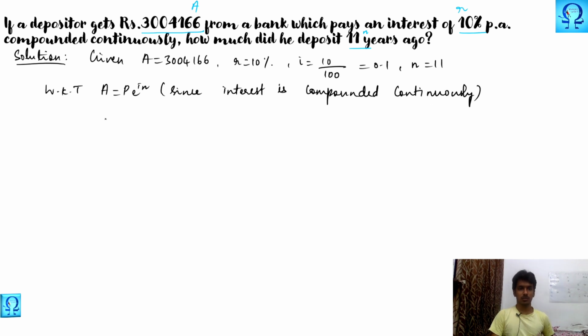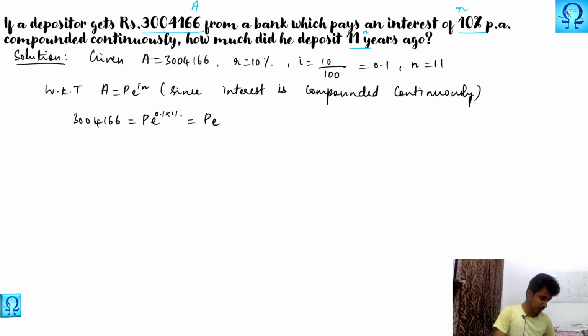We shall substitute the given information into it: 3,04,166 is P times e to the power 0.1 into 11.